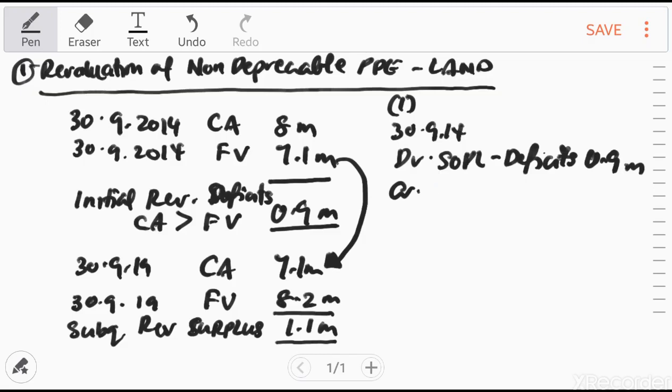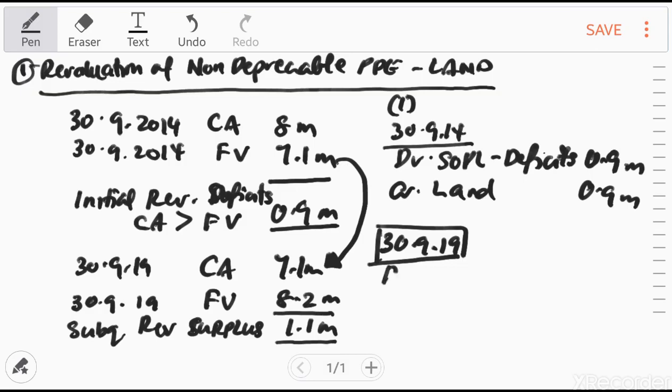So this will be credited to the land account, 0.9 million. So meaning that in the revaluation reserve, there is no balance because we debit directly to the SOPL. This is what is required by requirement number 1.